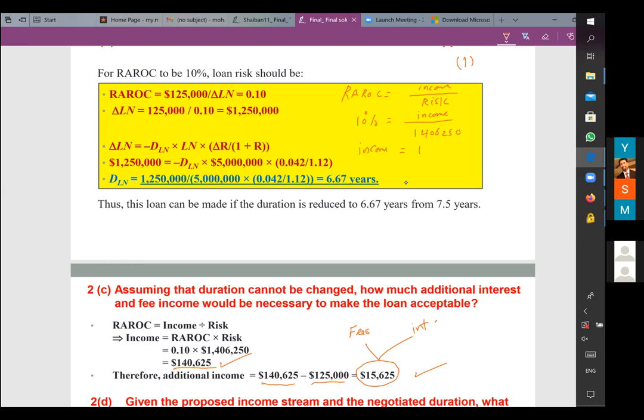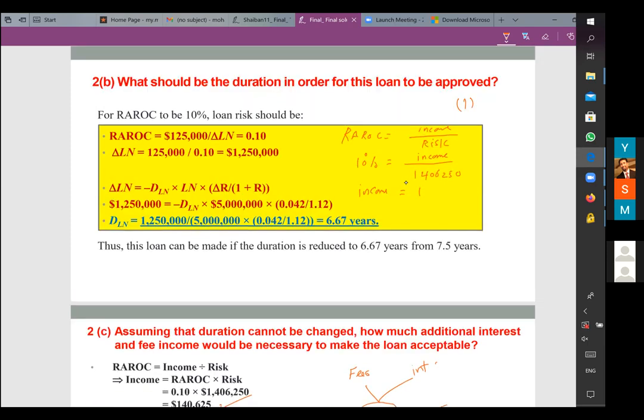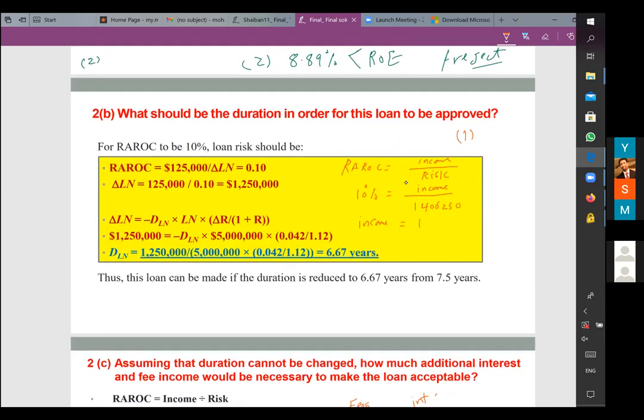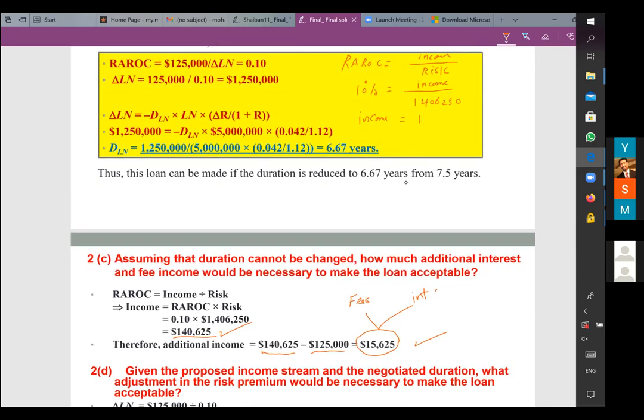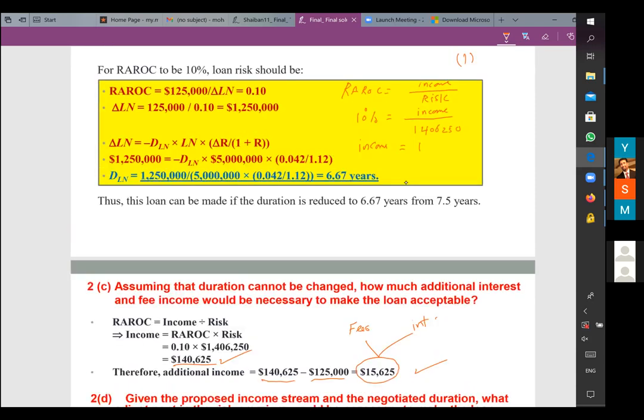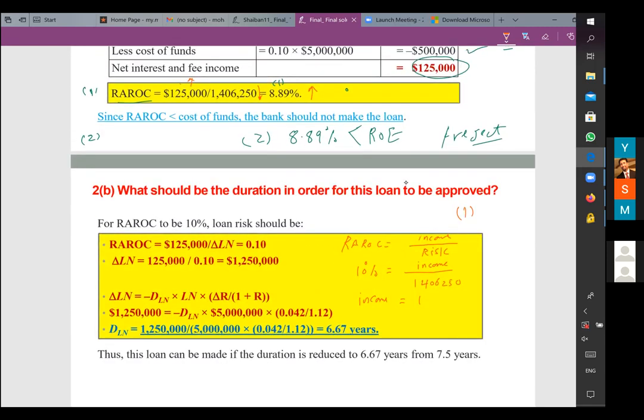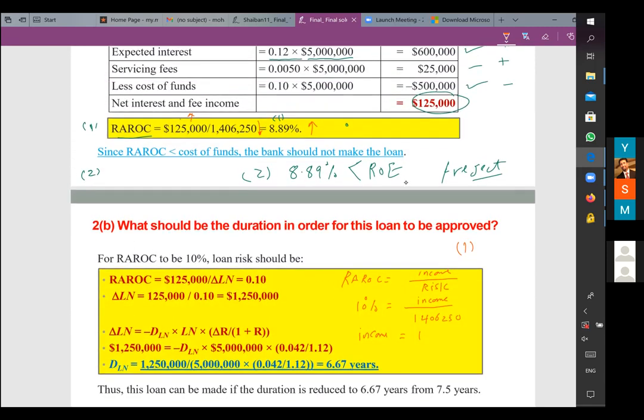Now let's move on. If there is no room to increase the income, and the customer did not accept this approach of discussing, we can tell them, okay, we can play with the denominator, which means we can play with decreasing the risk. And how can we decrease the risk?